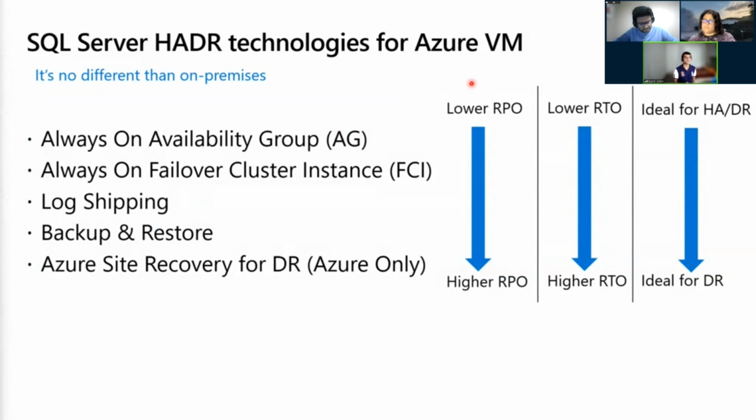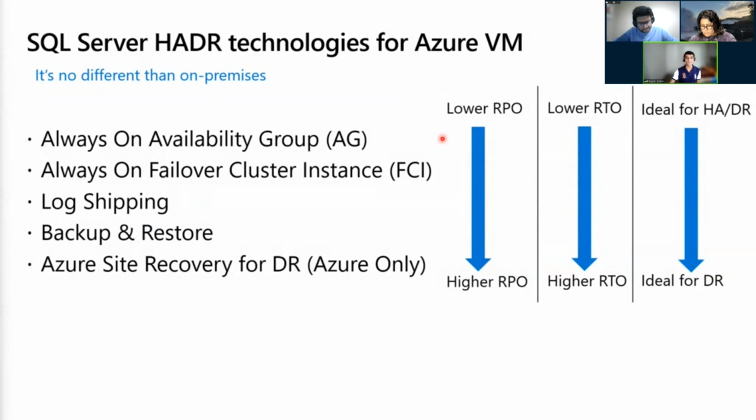When any organization or application team goes to a DBA and says, hey, what's the best HADR technology that you can achieve at the data layer? The decision always boils down to the RPO and RTO discussions, right? RPO is the amount of data loss, and RTO is the amount of downtime that you incur in case of any availability event.